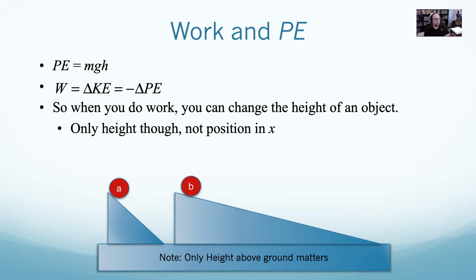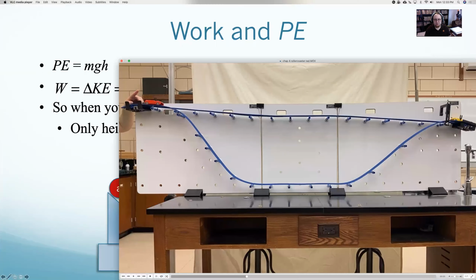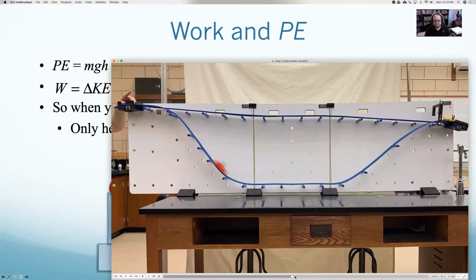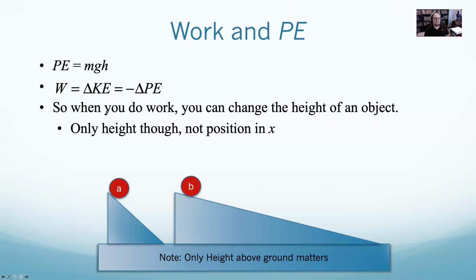If you do work, you can make something go higher. You can lift it up. And so the process of me taking this car and sliding it up the ramp like so would take work, based off the potential energy.